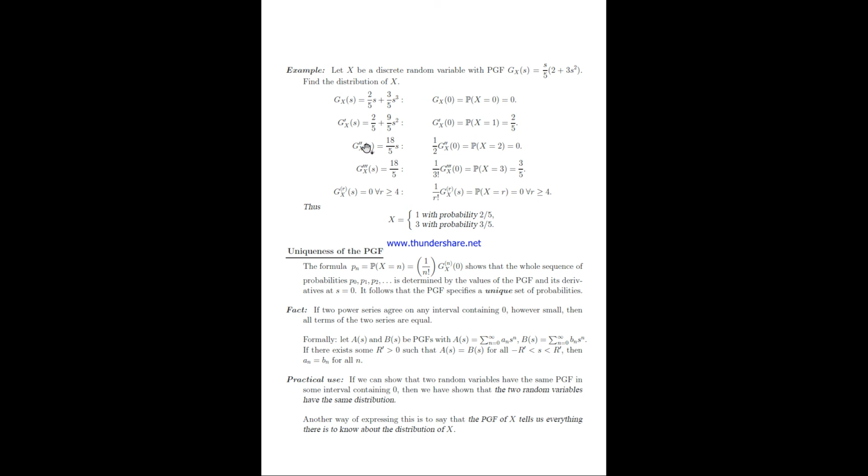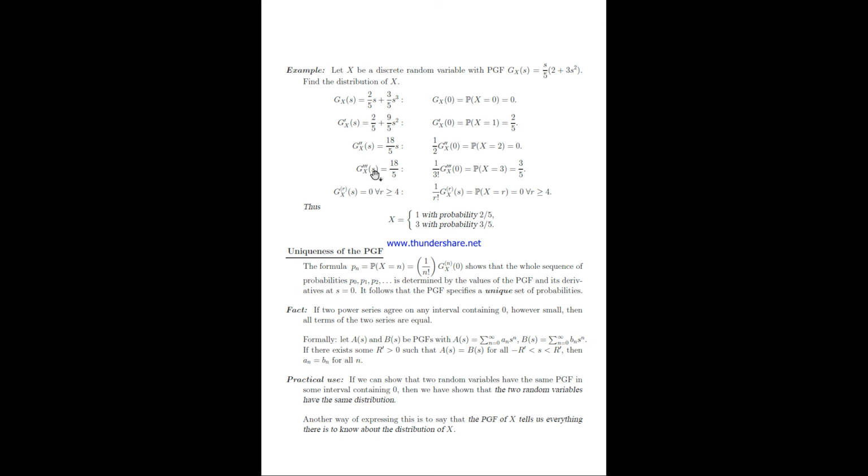Now go to the second derivative. The constant term cancels out, and here you have 2 into 9, that is 18 over 5, into s. When you substitute 0, this is 0, so from the second derivative you get the P2 value, but it's 0. Then we go to the third derivative, which is 18 over 5.